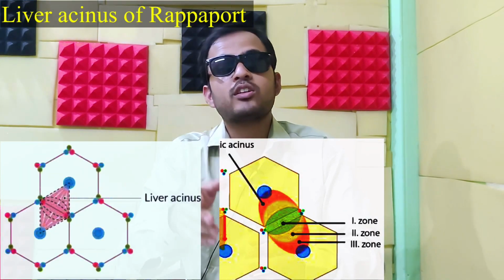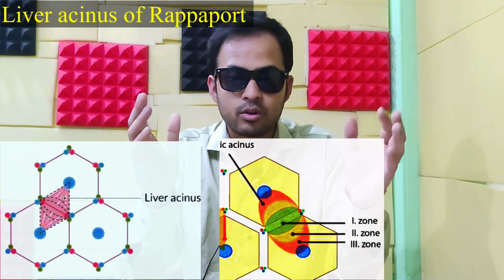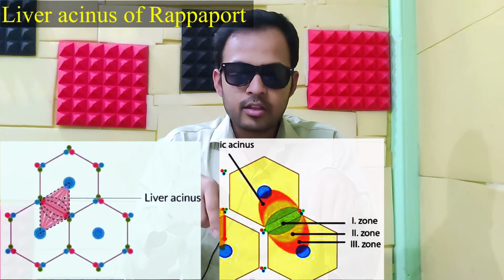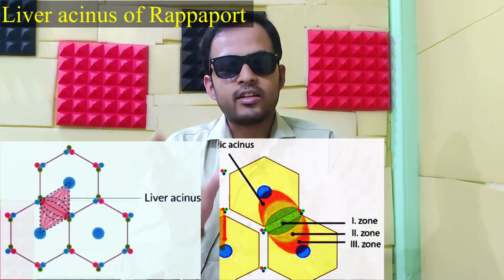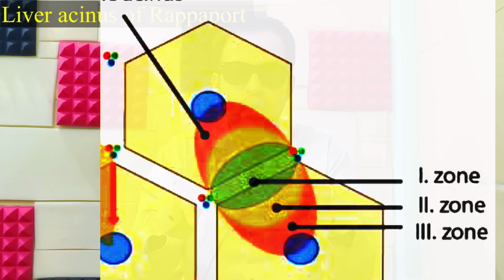Now our last component, which is the liver acinus. It is also known as the liver acinus of Rappaport, okay. As you can see in this photo, you are getting 2 hexagonal hepatic lobules. Now I am zooming this photo and you are getting the 2 hexagonal boundaries of these 2 hepatic lobules, each side, okay.